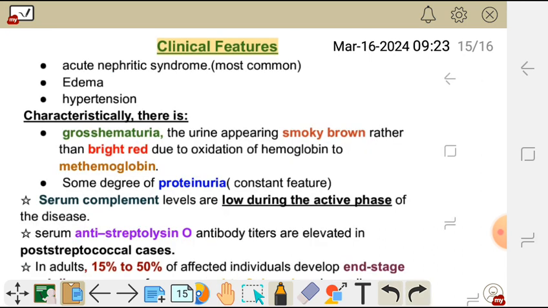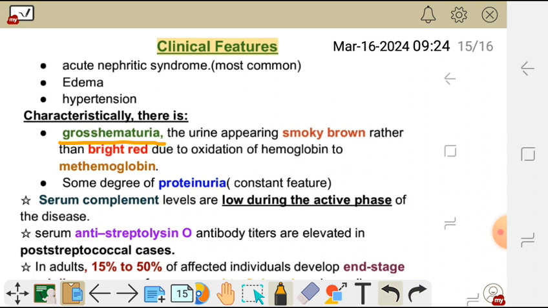Okay, so clinical features. So clinical features of this, we have acute nephritic syndrome. So the nephritic syndrome here is acute, and that is the most common feature which is observed. Edema is there, and we also have hypertension. So other characteristic features, we also observe gross hematuria.